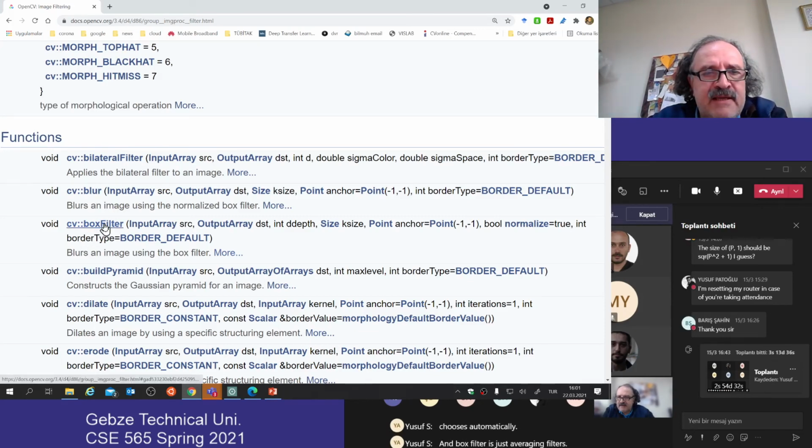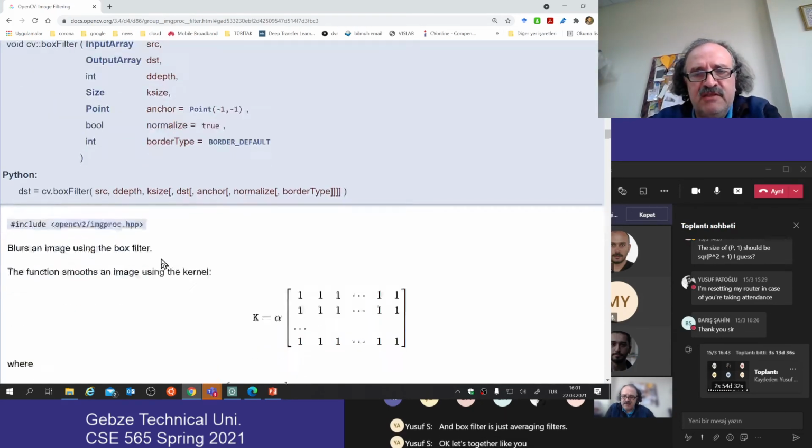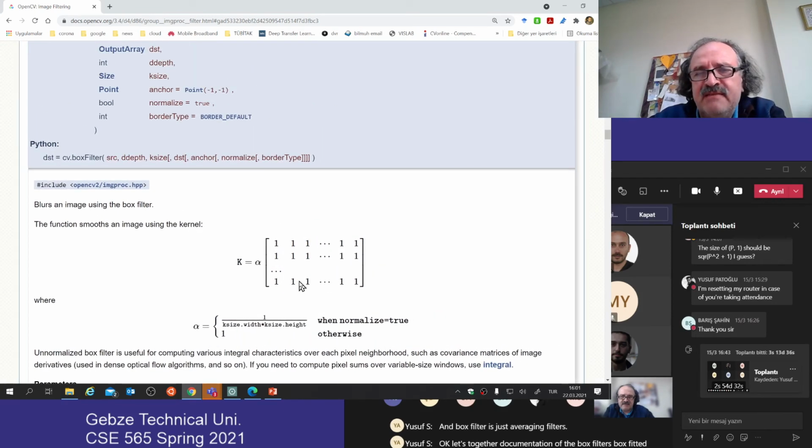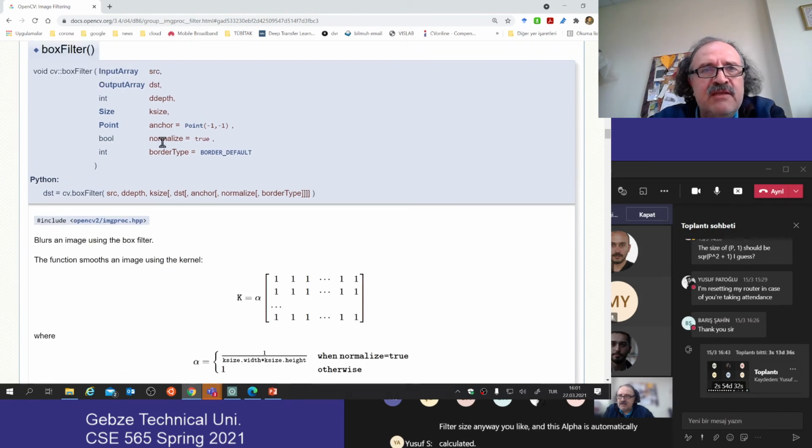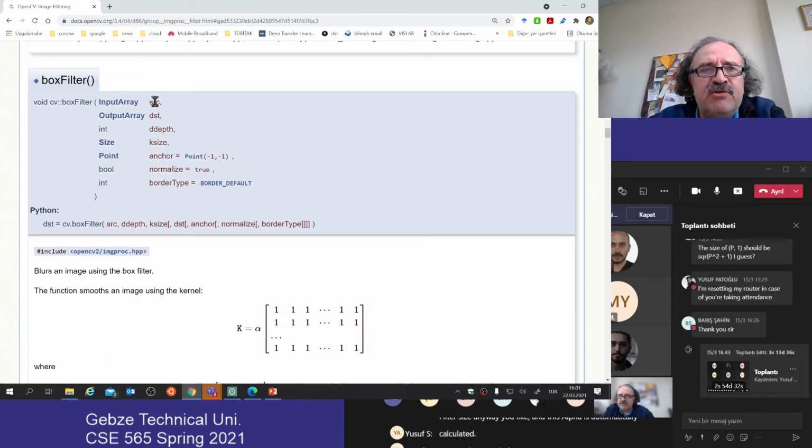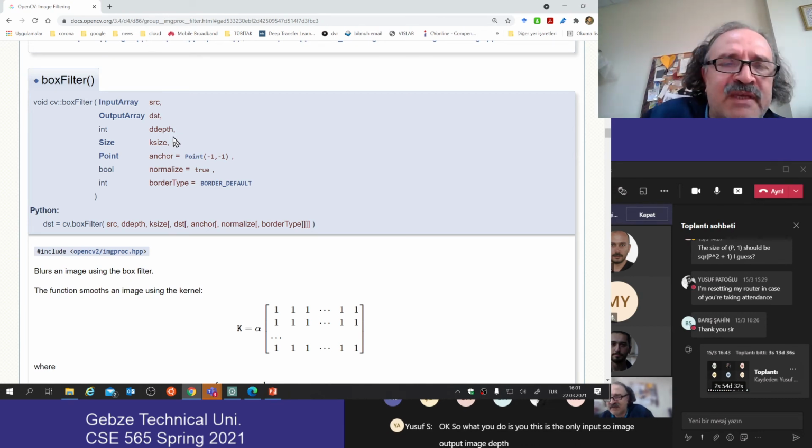Let's look at the documentation of the box filter. Box filter is simply this. You can choose the filter size any way you like, and alpha is automatically calculated. You have your input image and output image. Depth is the depth of the image, for example 8-bit or 16-bit.